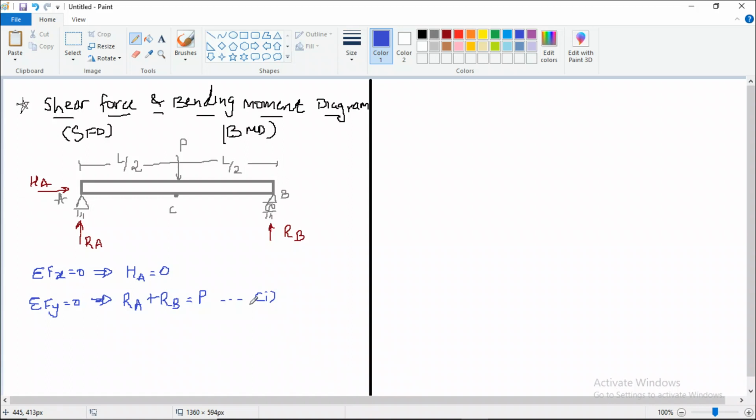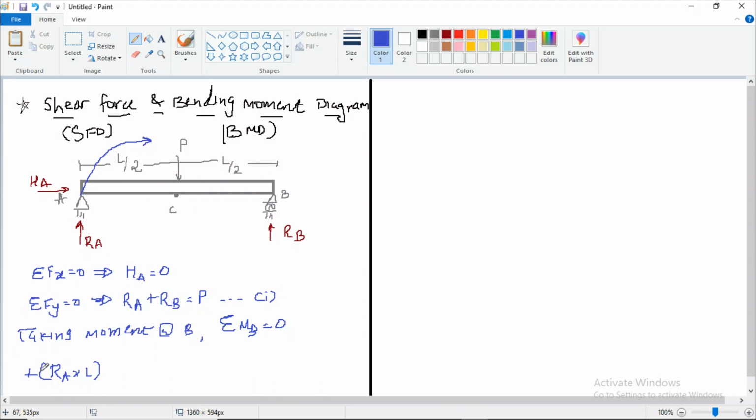Then we need to apply the third condition, taking moment about point B. The condition becomes summation of moment at point B is equal to 0. Let us take moment of all the forces from the left hand side of point B. First is RA multiplied by L, that will be moving the point clockwise, so that's why it is positive.